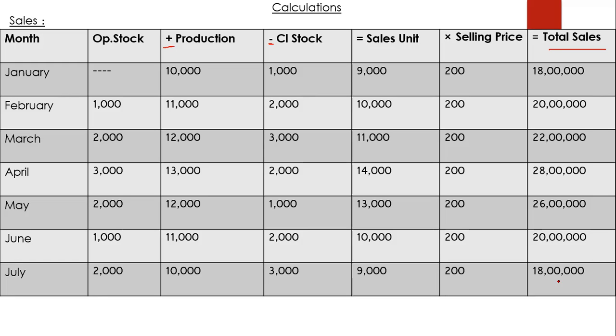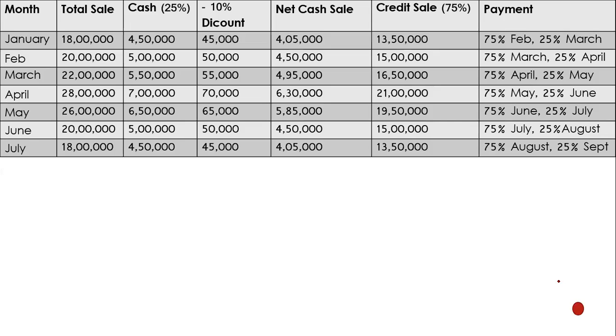Now we can find out all the expenses and sales and purchase, even collection also. So now here I have written the months, the total sale, which we have found right now. Now, 25% of this total sale is cash.